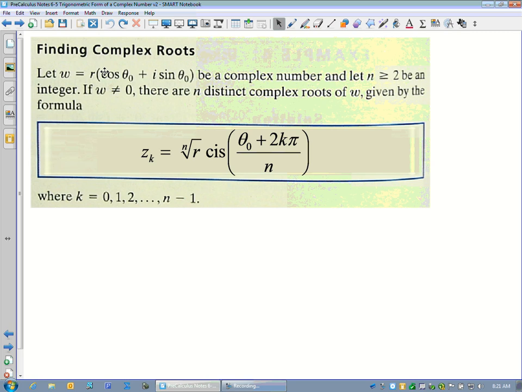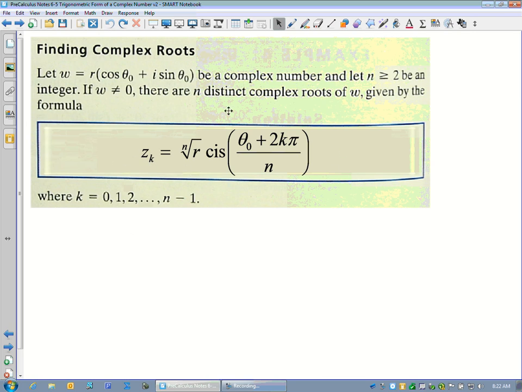However many roots we're taking, that's how many answers we get, depending on the root we're taking. So if I'm taking the cube root, I will have 3 answers. Taking the 7th root, I'll have 7 answers. So there are going to be 7 different answers here if I'm taking the 7th root, and that's what this k represents.